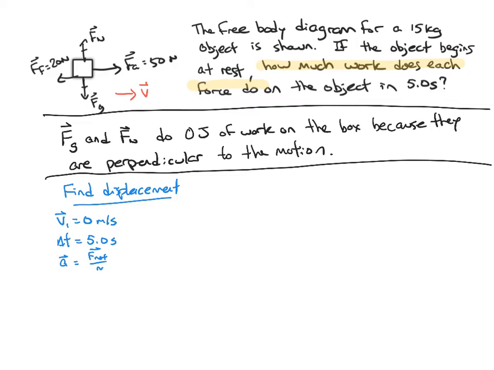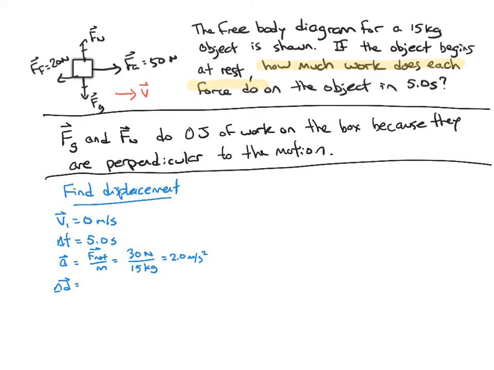That's Newton's second law. Remember, keeping you sharp here. And the net force, just looking at the free body diagram, is going to be 50 minus 20, which is 30 newtons. And then the mass is given as 15 kilograms. So the acceleration is 2 meters per second squared.